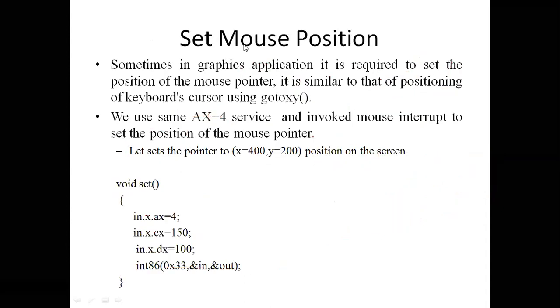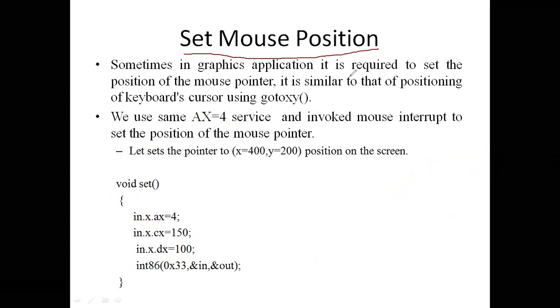Another feature of mouse handling is set mouse position. We can set the mouse position wherever we require. In certain programs you may want to position the mouse at a specified location, so you can explicitly set the mouse position and call that function.